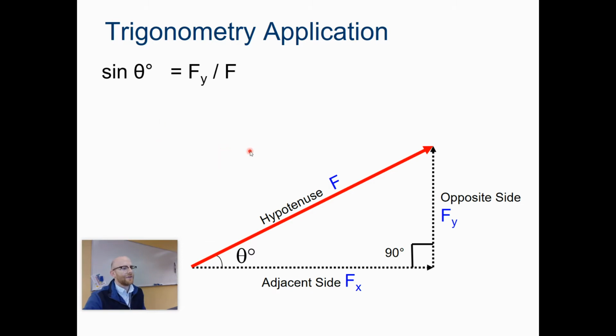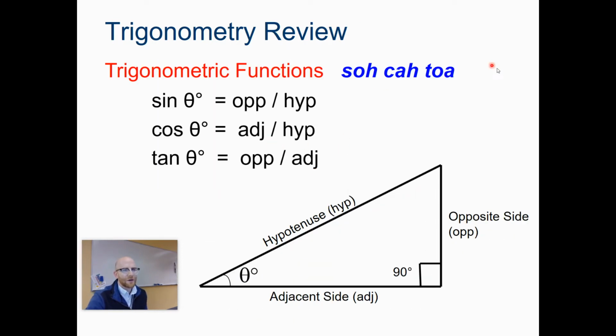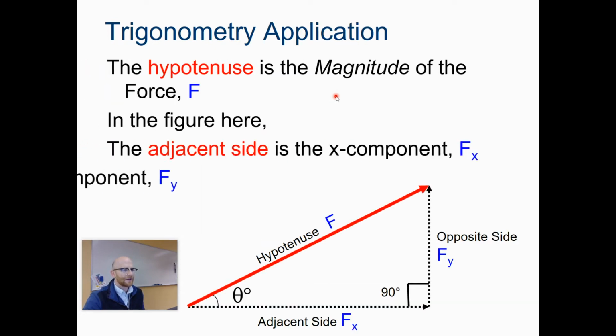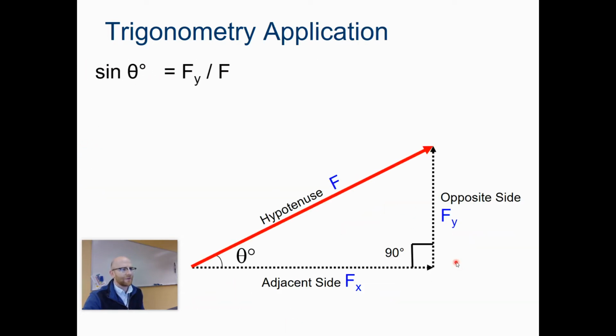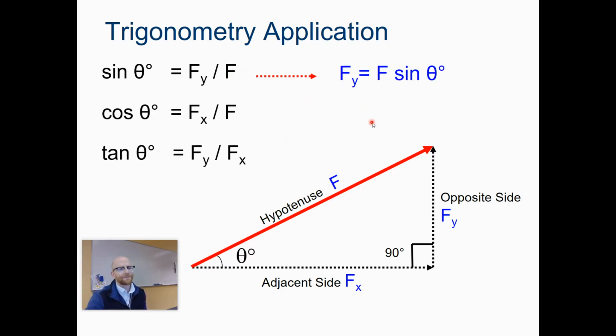So we're not doing any math. All we're doing is saying, okay, if we know SOHCAHTOA, and we say, hey, by the way, the sine of theta is opposite over hypotenuse, then we can say that we're looking for the forces, so opposite over hypotenuse, right? That's all that we're doing here.